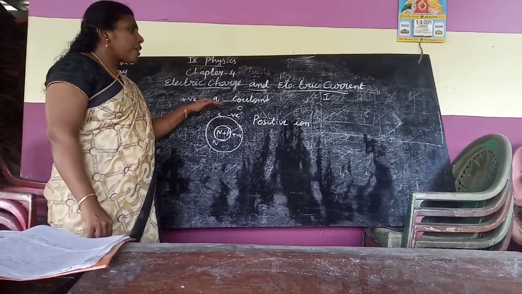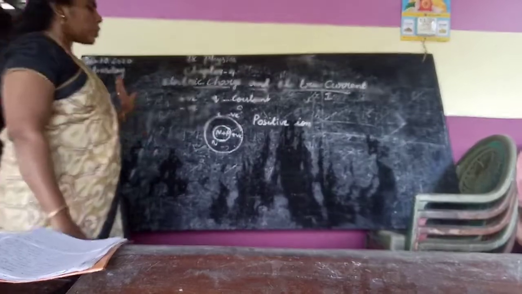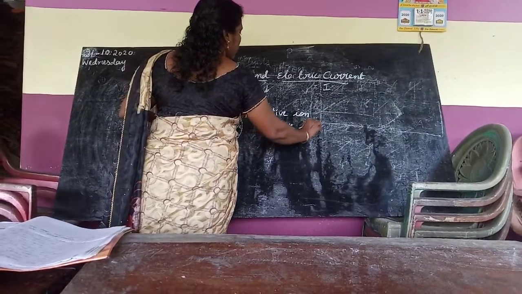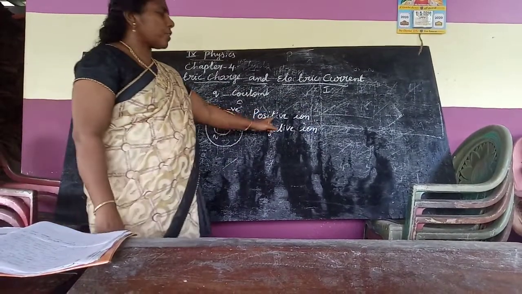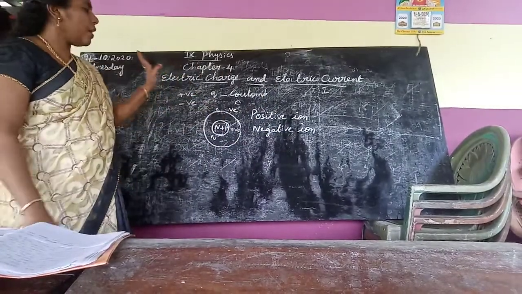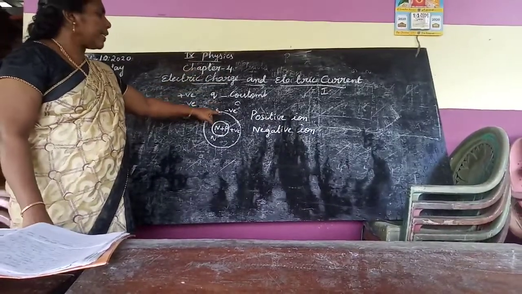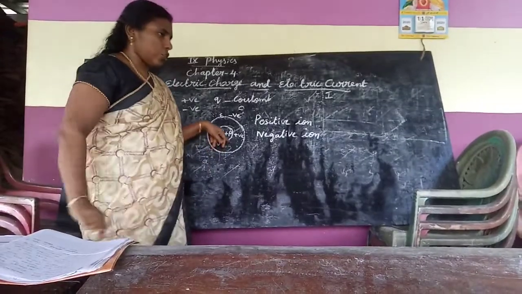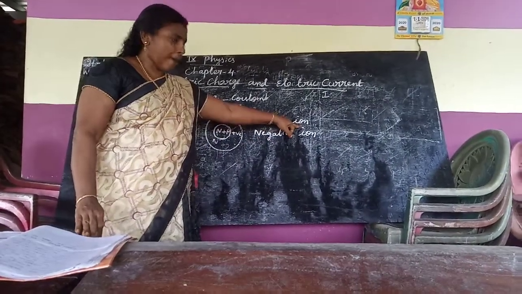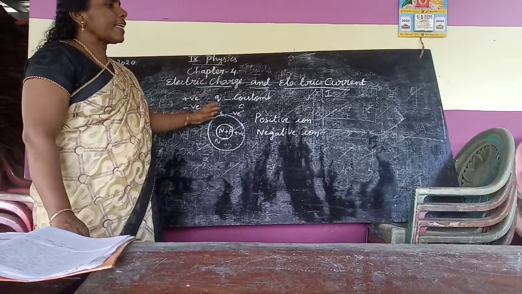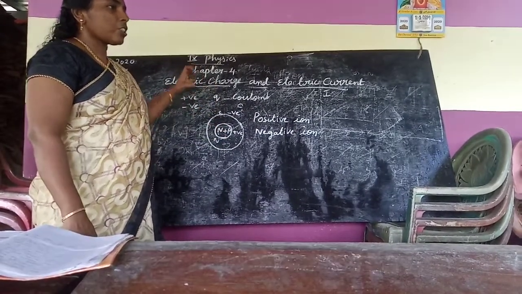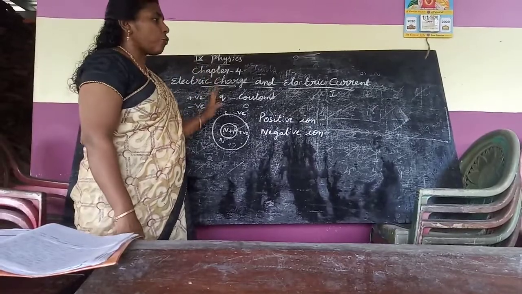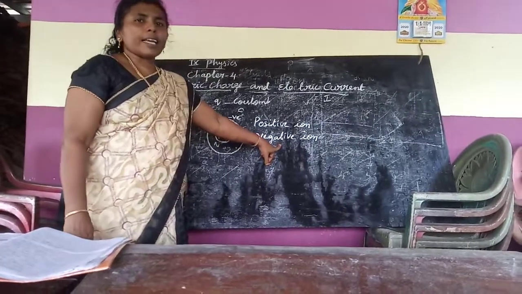So the atom has fully negative charge. So it is called a negative ion.